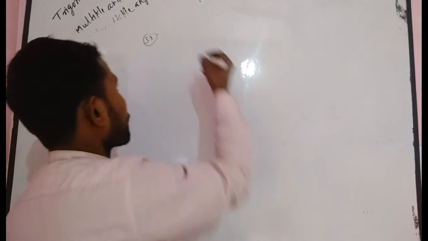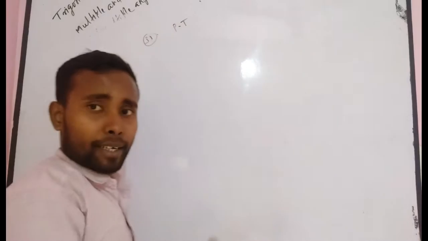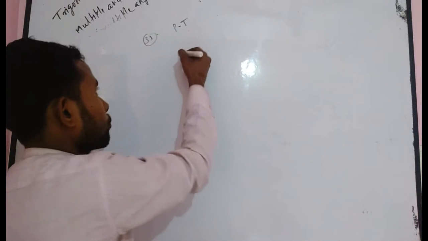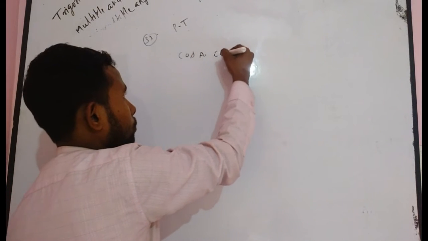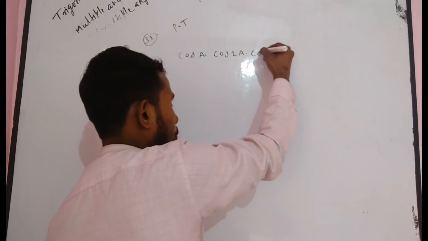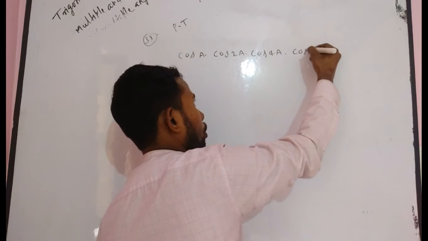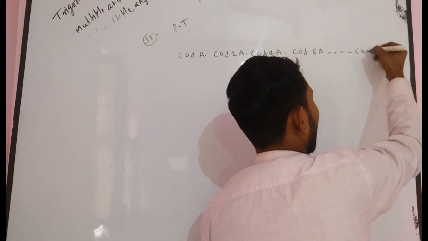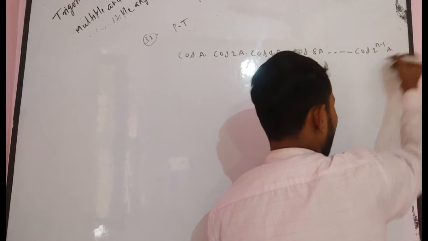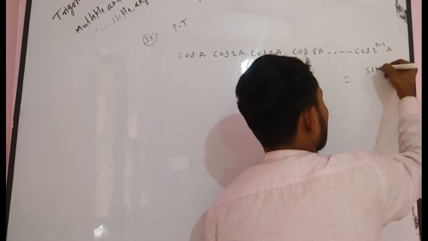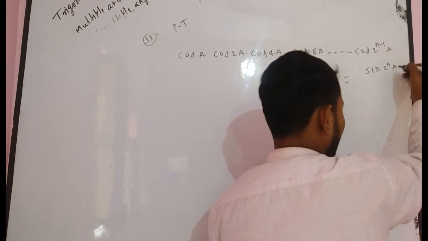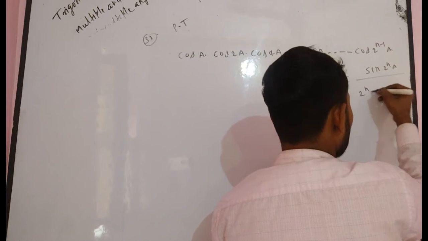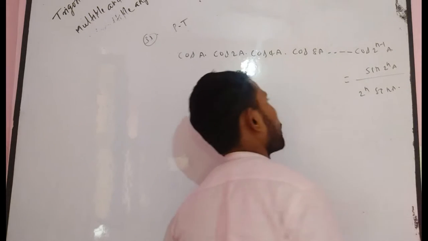In 33, they ask to prove that cos A into cos 2A into cos 4A into cos 8A dot cos 2 to the power n minus 1 A is equal to sin 2 to the power n A divided by 2 to the power n sin A. You have to prove it.